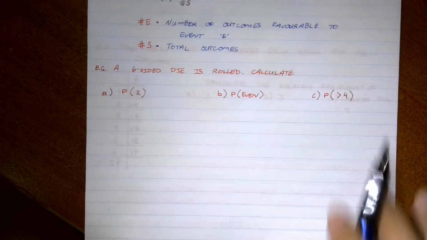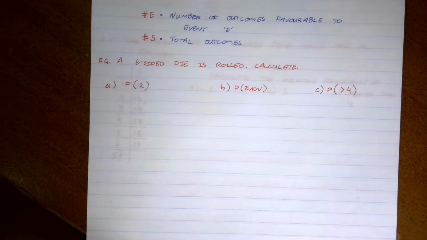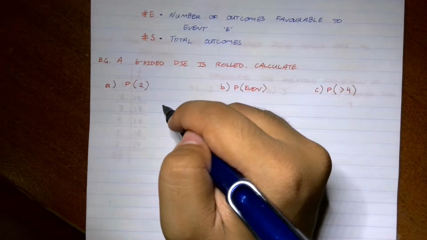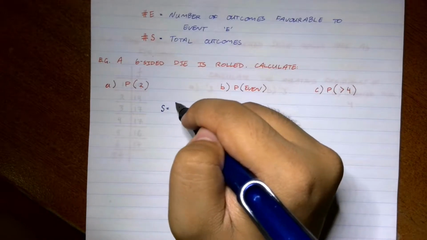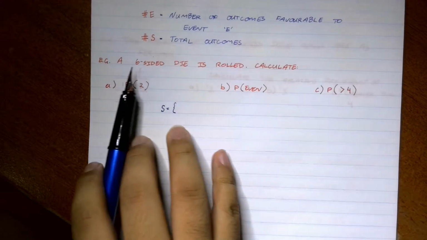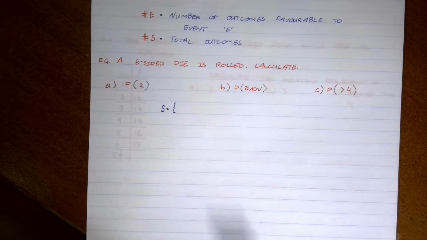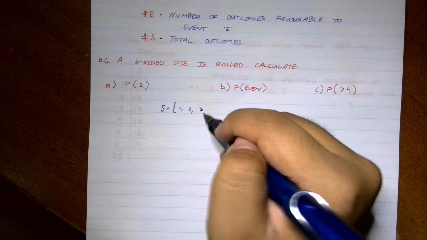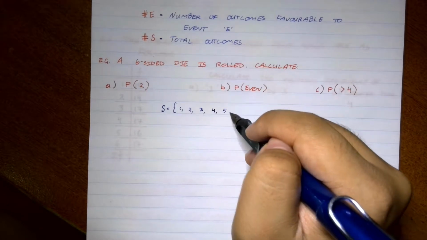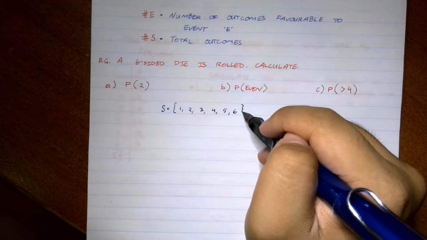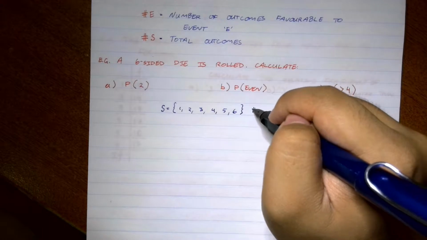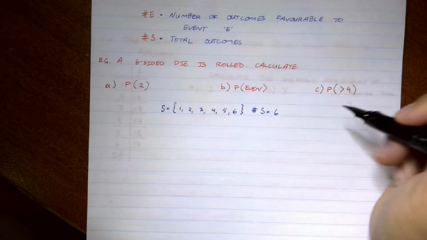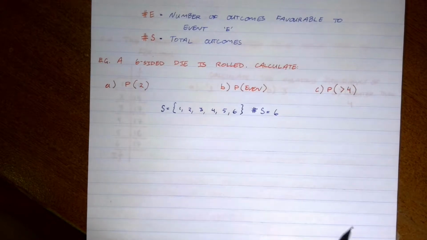So before we even calculate all of these, let's calculate the sample space of the rolling of a 6-sided die. So we could get a 1, a 2, 3, 4, 5, or a 6, which means the total number of outcomes is 6, because there are 6 different possible outcomes.